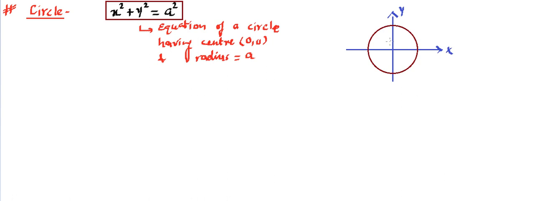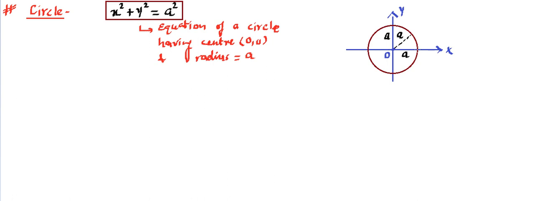So the center is a point from where all the points on this circle are at the same distance, and that distance is known as radius. So if we join this, that's going to be a. If you measure this length, this is also going to be a. If you measure this, this is also going to be a. In fact, if you draw any line to the boundary, that's going to be equal to a. So that's called radius. Sometimes we also represent it by r for radius.